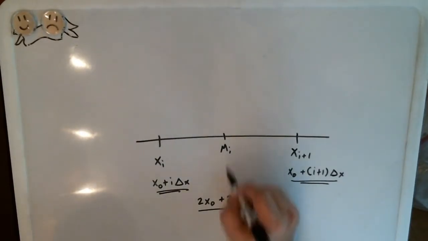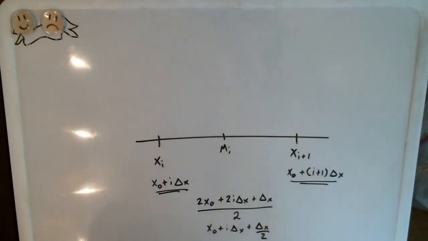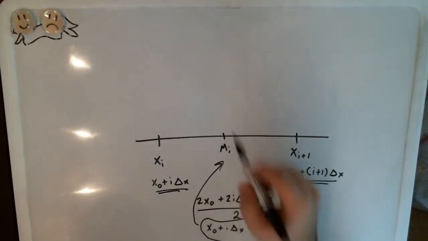So what is the formula of the midpoint? It's x naught plus i delta x plus, now go ahead and take a half step. Where do I start? How many times do I jump by delta x? And then jump by half as much again. So this right here is the definition of my midpoint.